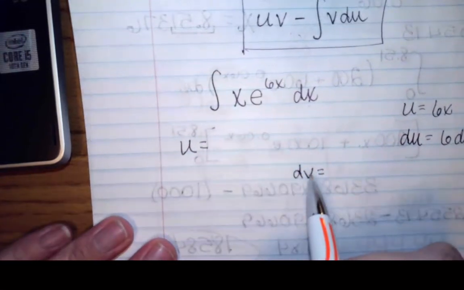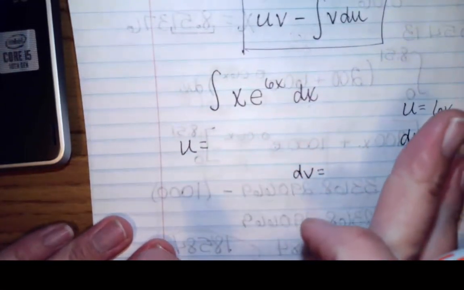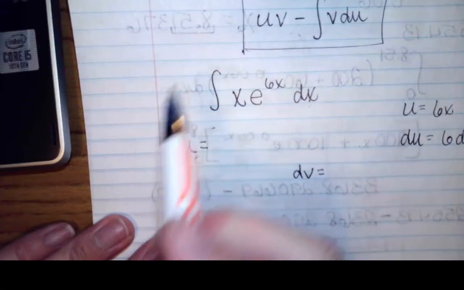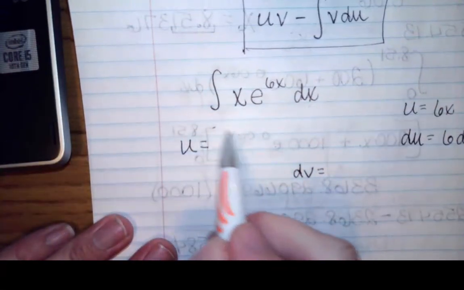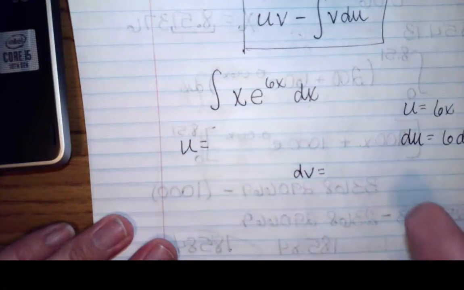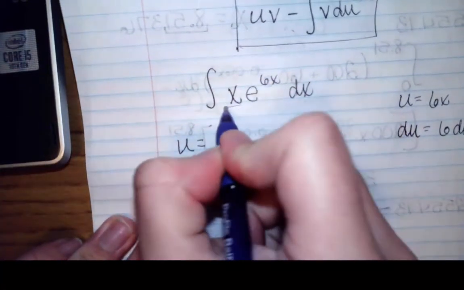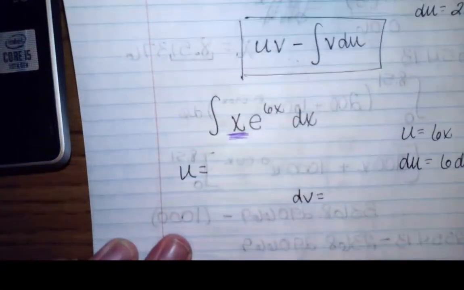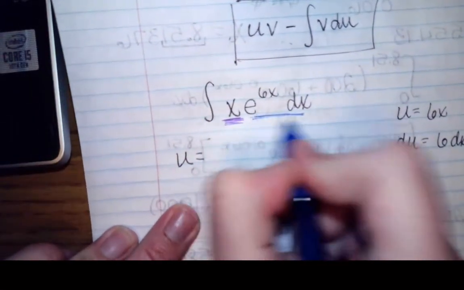You always want your dv to be the more difficult looking of your options. The other way of looking at it is when you differentiate u, you want it to eventually go away.